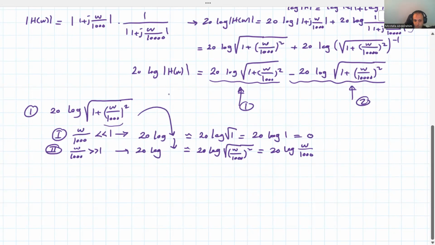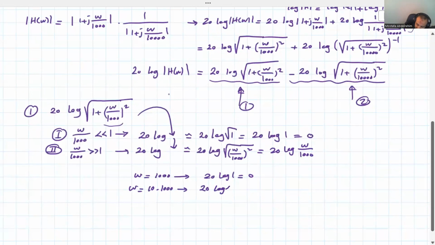So we're gonna put some points and see what's going on. For omega equal to 1000, that will be 20 log 1, and log 1 is 0, so that's 0. Omega equal to 10 multiplied by 1000: that's 20 log 10, because the 1000 goes with the 1000 and you end up with 10.